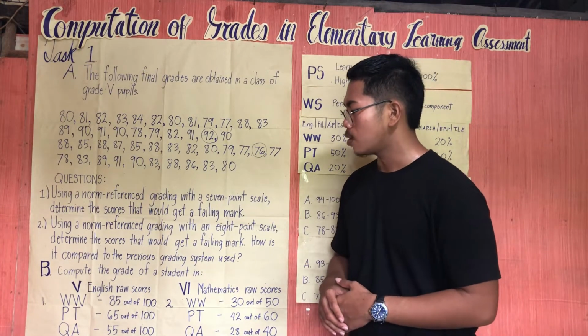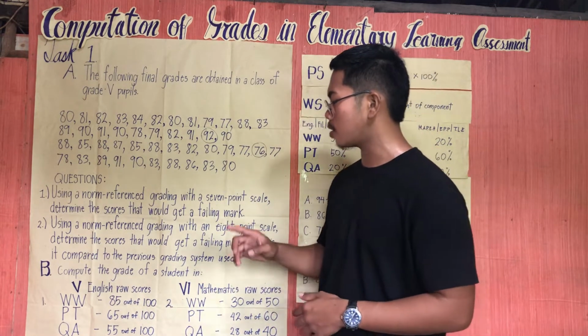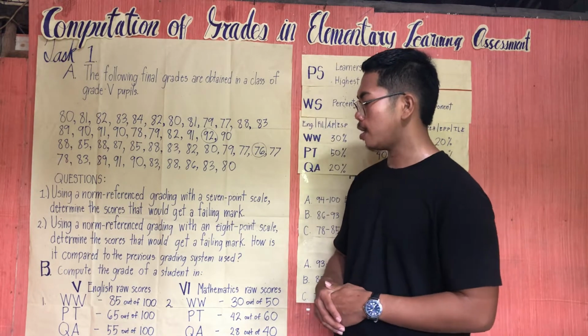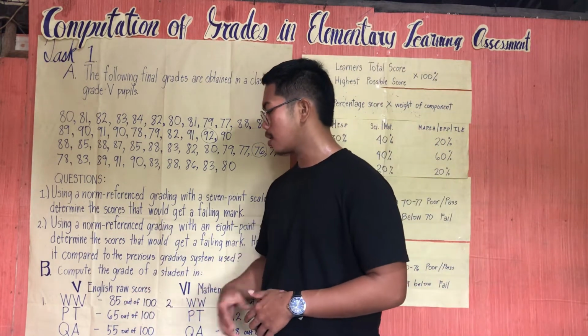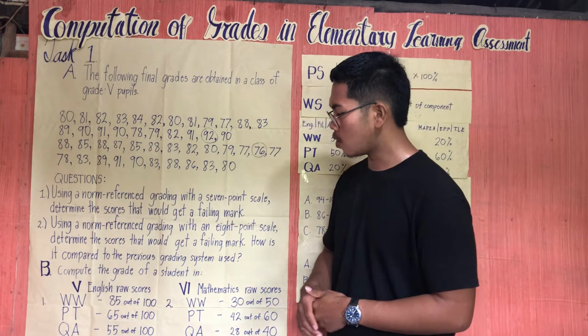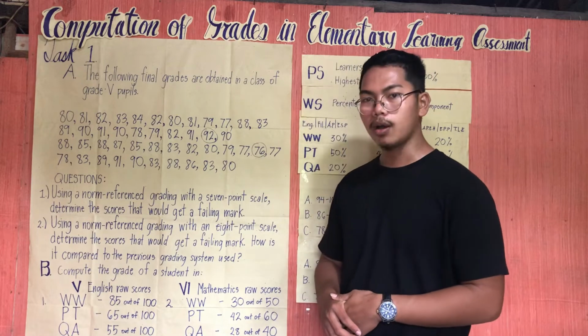Number 1: for the written work, 85 out of 100 is the raw score of grade 5 English students. For the performance task, 65 out of 100, and the quarterly assessment is 55 out of 100.